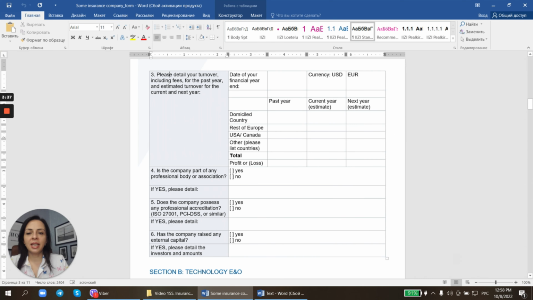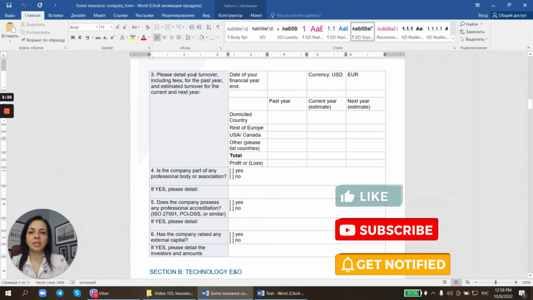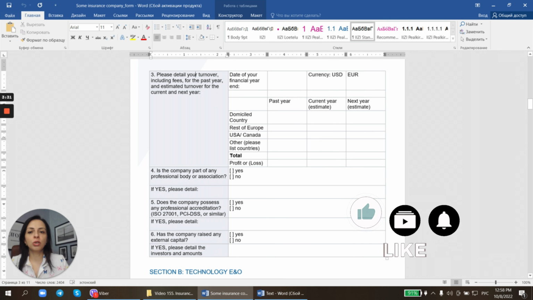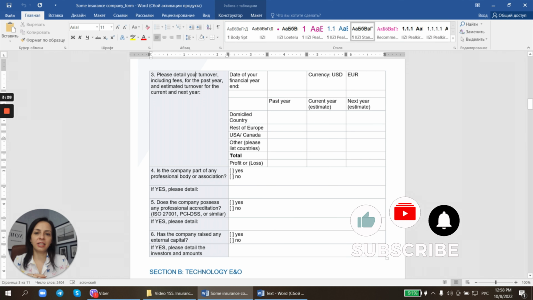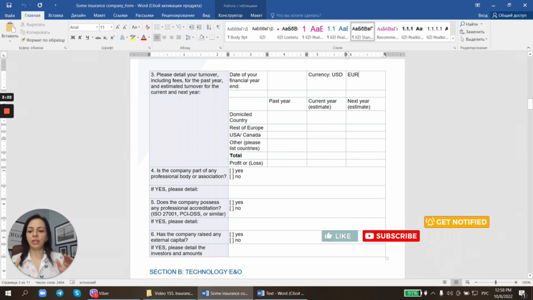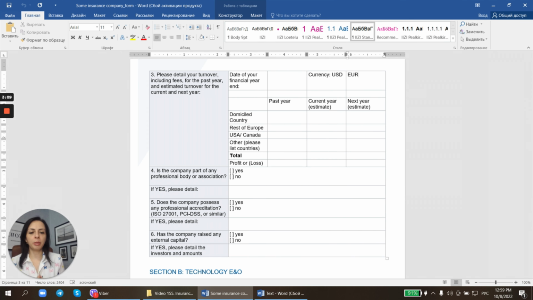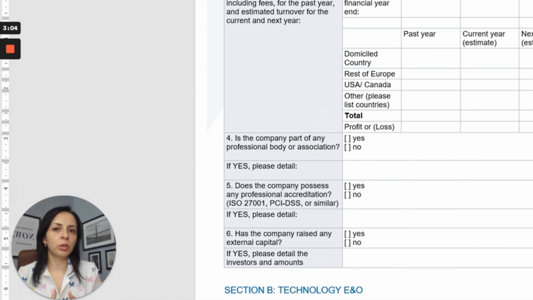Okay, so please detail your turnover, that's important, including fees for the past year and estimated turnover for the current and next year. Currency: USD, euro, and that is because we are a European-based company and the insurance amount that this company provided was also in euros. And that is another important thing for you to consider.